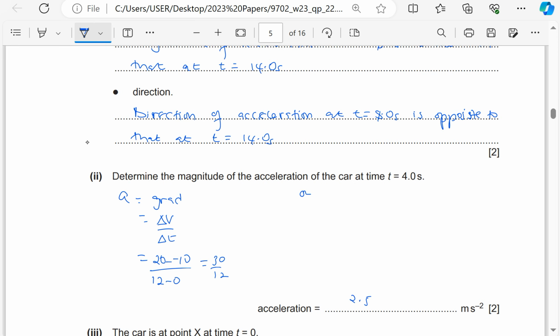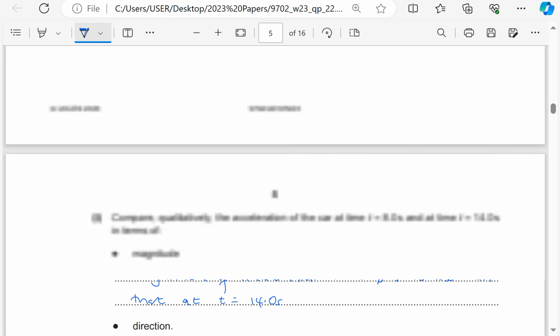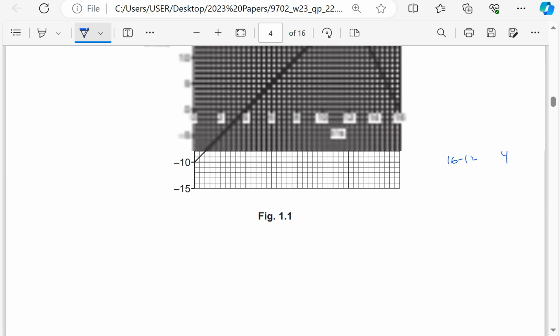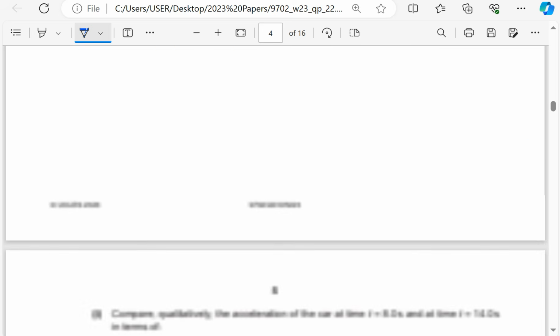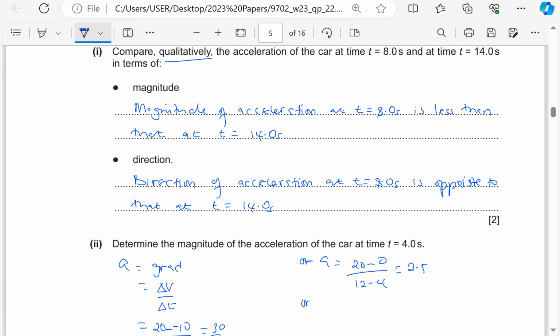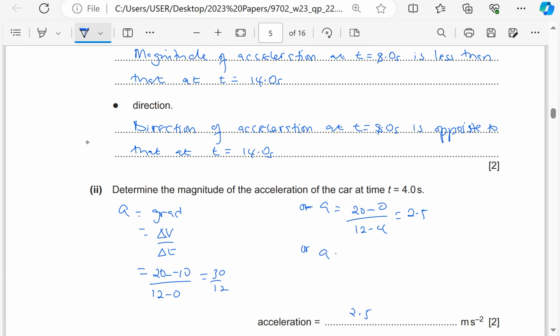Alternatively, you can say acceleration is 20 minus 0 divided by 12 minus 4, which is 2.5. Or I can take 0 minus negative 10 divided by 4 minus 0, which is still 2.5.